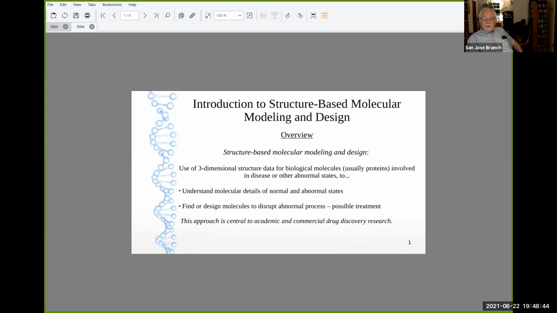And these are proteins which are associated with disease states or some other abnormal conditions. The reason you want to look at the three-dimensional structures is so that you can understand the molecular details of normal and abnormal states.